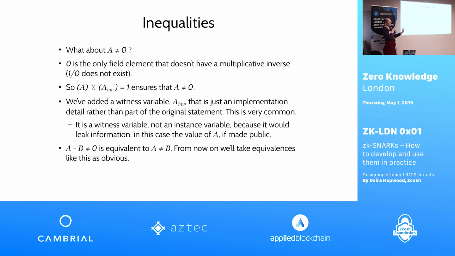Part of a circuit looks like another little circuit. And this needs the witness variable because it needs to be private. Because otherwise we would be leaking information about A. Okay? And similarly, if we can say something is not equal to 0, then we can do an arbitrary inequality.